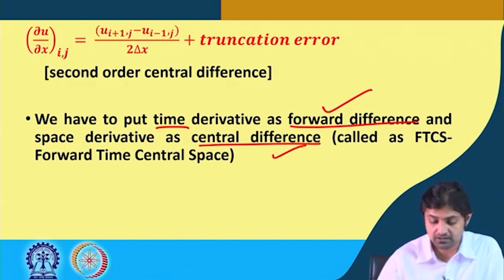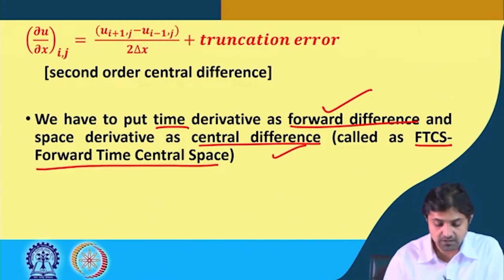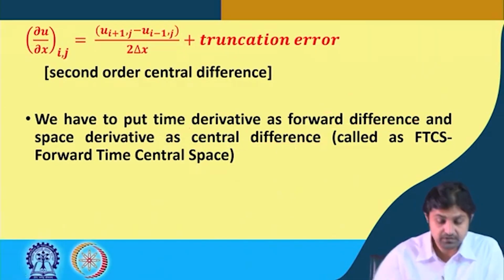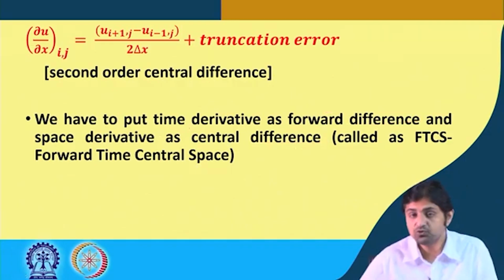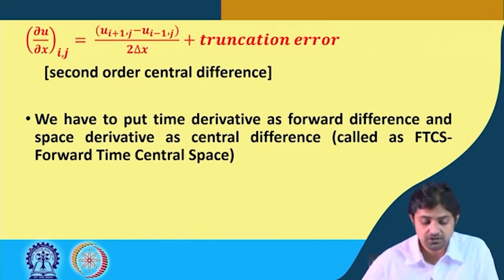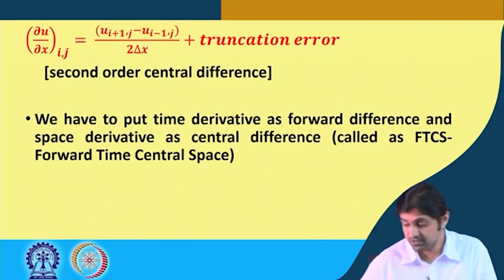That is the most standard practice, and this is called FTCS, forward time central space. You are expected to know these terminologies: what FTCS is, what is forward difference, what is backward difference, what is central difference, which is used for time derivative, and which is most commonly used for space. For space it is a central difference, for time it is the forward difference.